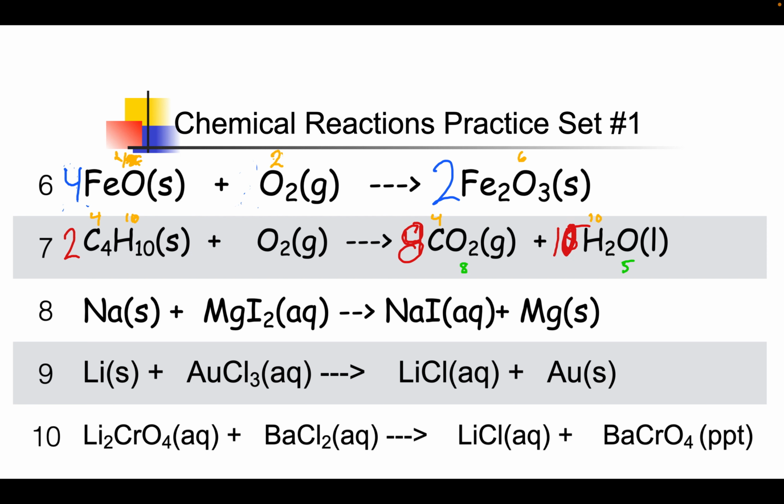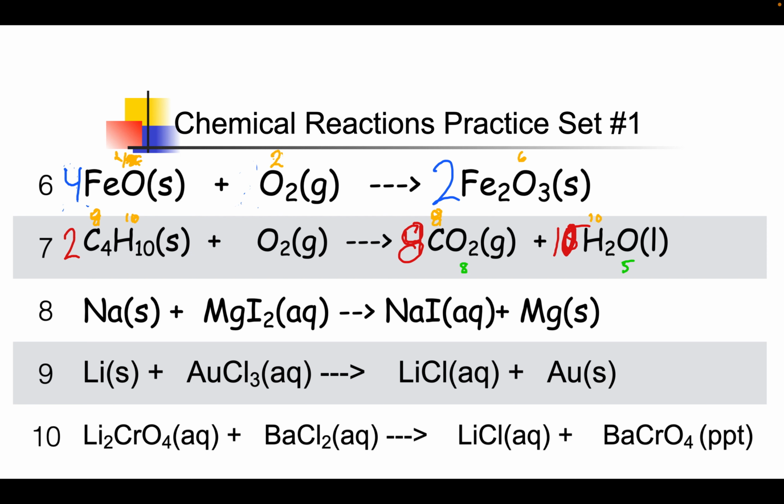If I make that a 10, now everything should still be balanced, because if we double everything, then everything should still be balanced. Just like if I have 5 over 5, if I double everything, 10 over 10, it's still the same ratio. So if I have now 8 carbons here, now I have, again, 8 carbons over there, still balanced.